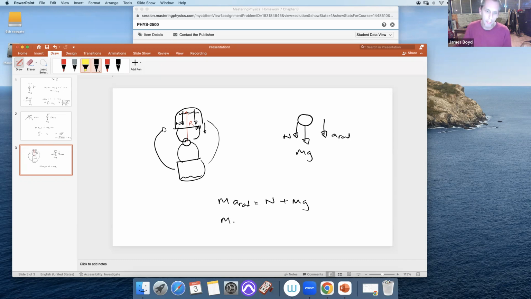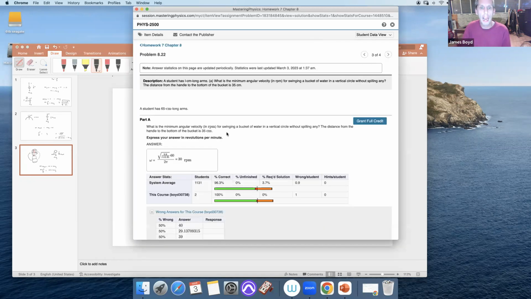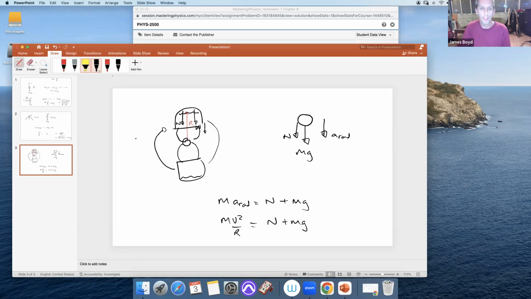And again, radial acceleration is v squared over r. At the minimum angular velocity, N goes away. So N is 0, and what we get is, again, what we got before: v squared is gr, or v is the square root of g times r.